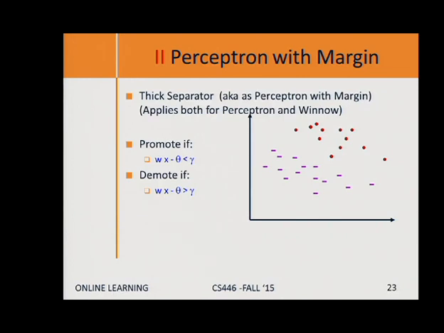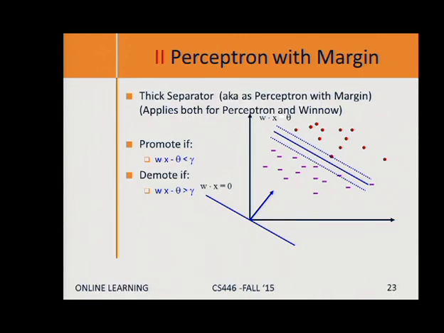So essentially I'm imagining a thick separator here, and I really want my positive examples to be outside this dotted line here, and my negative examples to be outside this dotted line here. If they are inside, I'm going to treat them as mistakes and push them in the right direction. So I'm a little bit more strict.